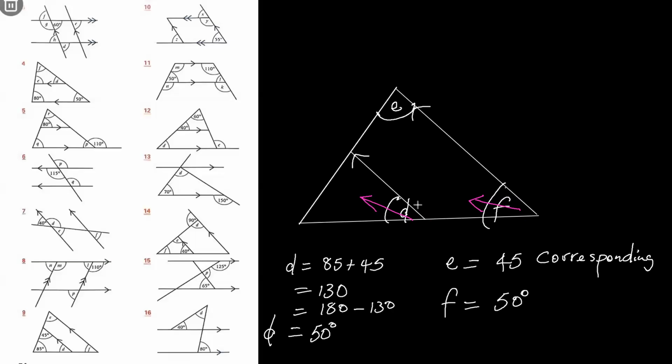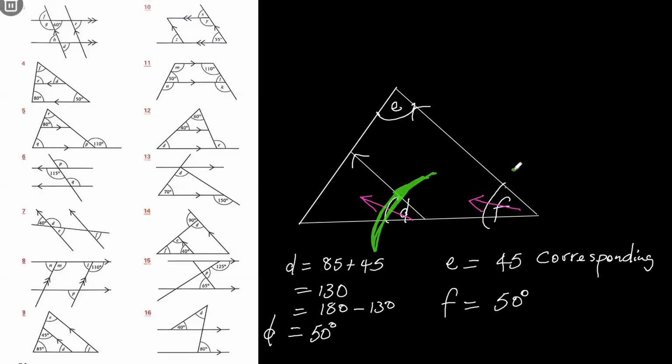All right, so we already knew that D is 50. Notice the direction they are in. So D and F correspond. All right, so you have your parallel lines here and here. But please note where this is going and where this is going.